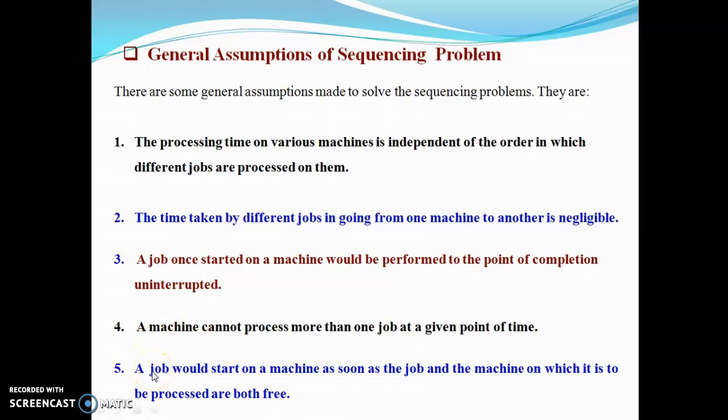The fifth, a job would start on a machine as soon as the job and the machine on which it is to be processed are both free. It means a job is processed as soon as the concerned machine is free, but only in the specific sequence.